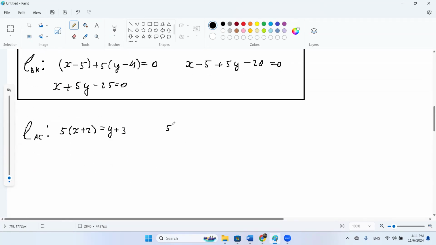So 5x plus 10 minus y minus 3 equals 0. So 5x minus y plus 7 equals 0.